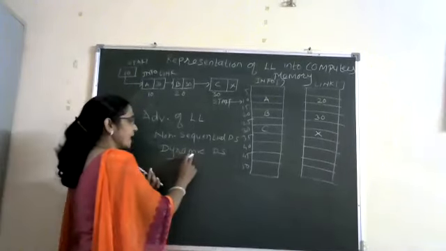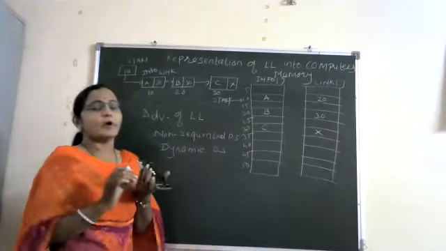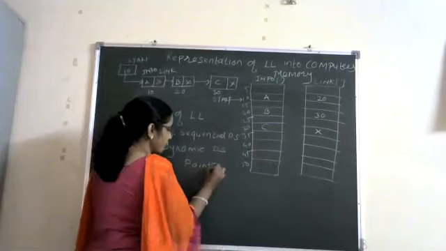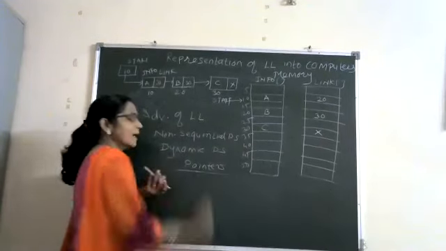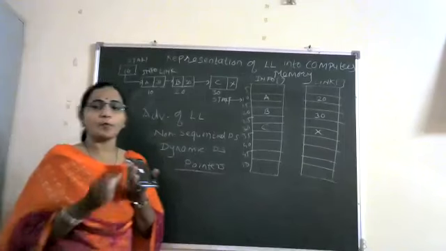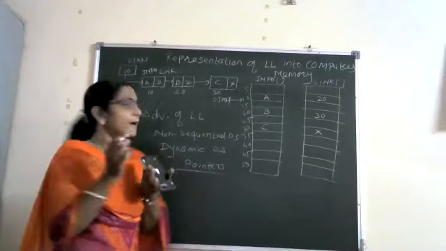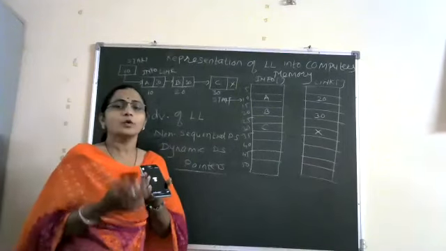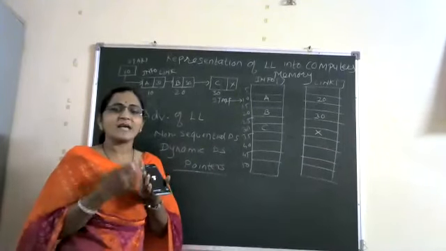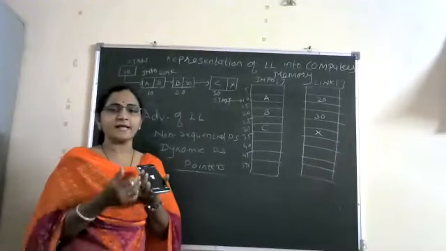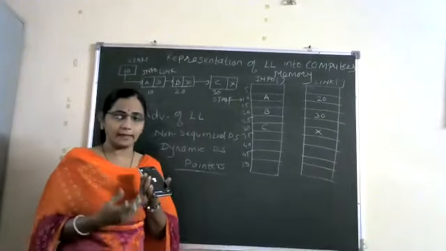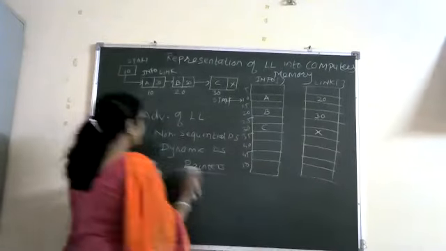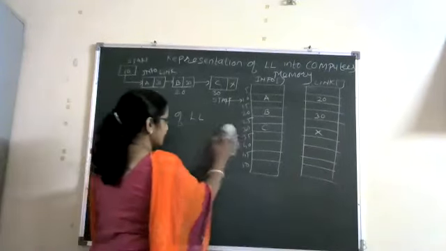For the implementation here we use the concept of pointers, and if you are using pointers, then it is a dynamic data structure, meaning it is very easy to create a new node as and when you require, and that's why it is called a dynamic data structure.